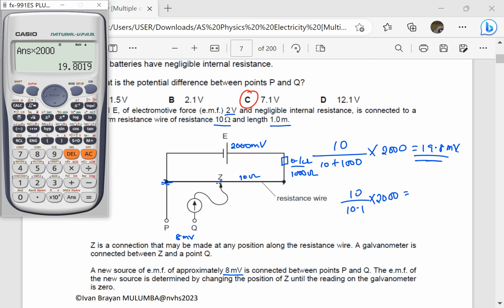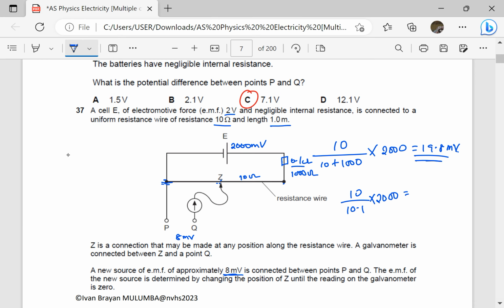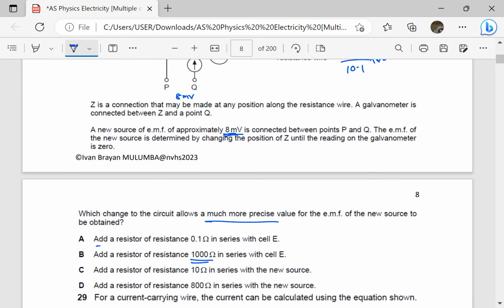So the PD across the wire is almost 2000, which is almost the same as the EMF of cell E. So 10 divided by 10.1 times 2000 is approximately almost 2000 millivolts, and yet they said the EMF of the cell placed at PQ is approximately 80 millivolts. That means 0.1 will not really work.